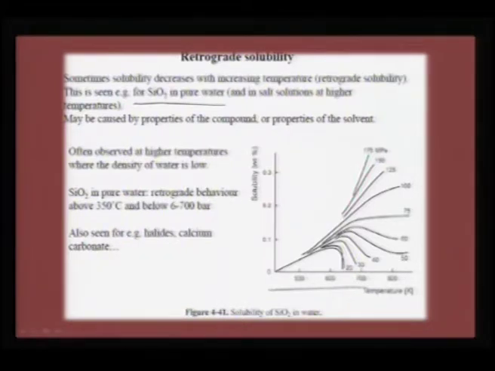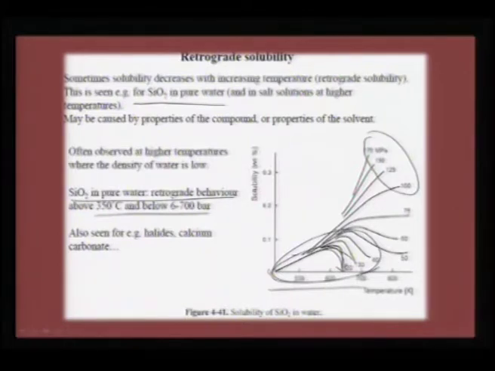You take the case of silica in pure water above 350 degrees C, as you would see here, as you keep on increasing the temperature at very low pressures, you would see an increase in solubility and then it is coming down. So this range is a retrograde solubility. Therefore, when you are trying to go to very high temperatures, you need to have a compromise with the pressure build up inside the bomb, otherwise you would not be getting the end product.